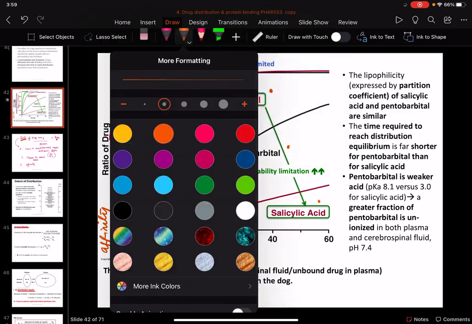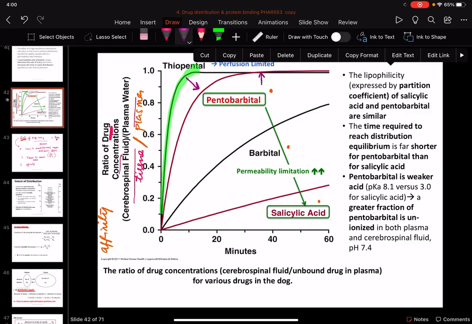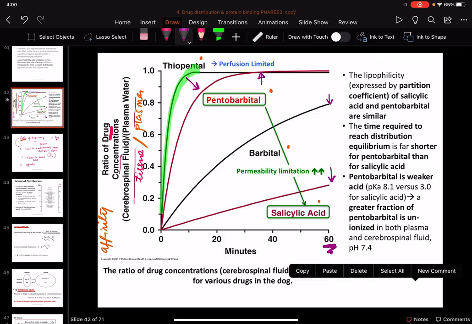It is different for pentobarbital because we needed more time to reach the equilibrium or the plateau. Then it's later here, and we didn't reach it within the time that we are showing for salicylic acid.